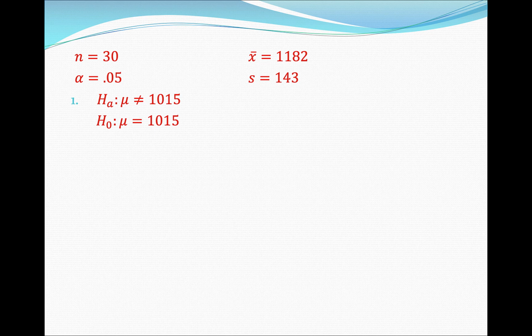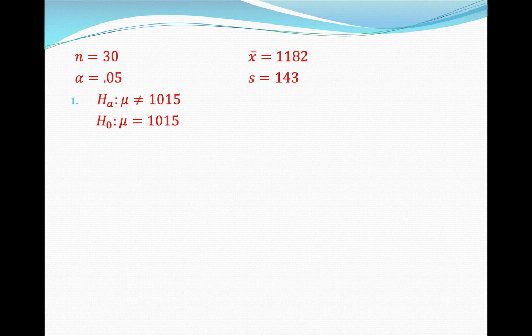Not equal to means it could be bigger than 1,015 or it could be smaller than 1,015. So now we're not just specifically testing greater than and we're not specifically testing less than. Instead, we're testing basically either one. It could be greater than or it could be less than. So when you do this, this actually becomes a two-tailed test because now it could be greater than or less than, so we now need area in both of the tails.